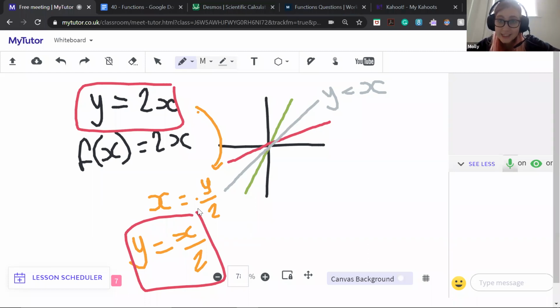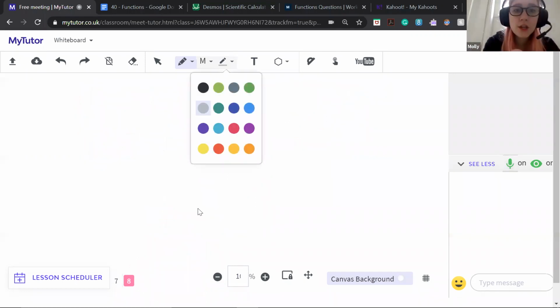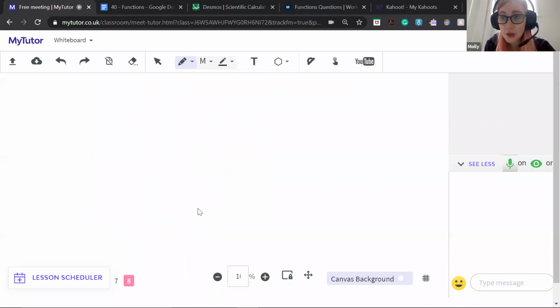Now, the key thing is that you can only inverse certain functions. So let's have a think about a square function. One of the questions in the first Kahoot was, which of these functions doesn't have an inverse? And the answer was x squared. Now, let's think about that.